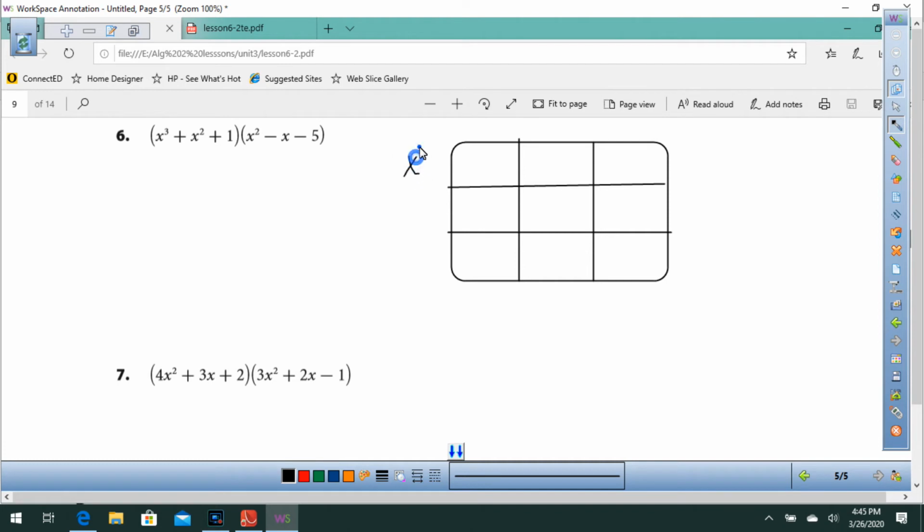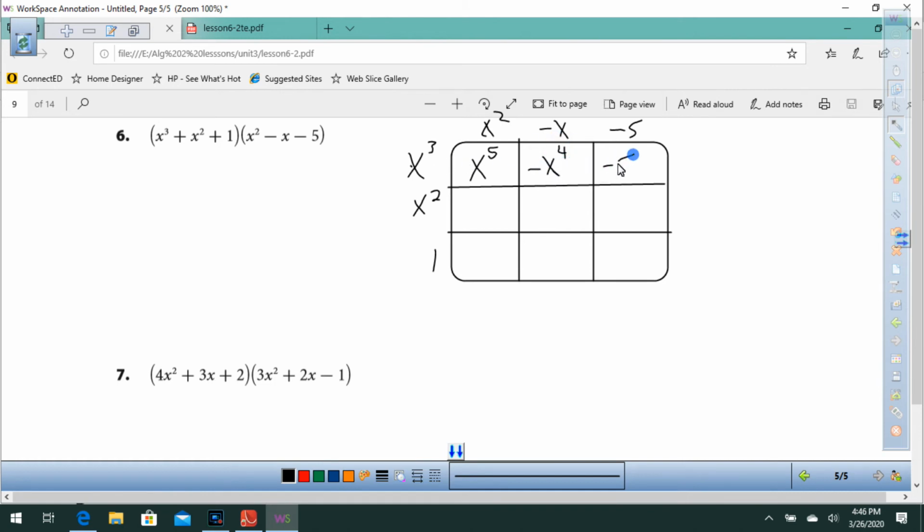We got x cubed, x squared, and 1, x squared, negative x, negative 5. X cubed times x squared is x to the 5th, because 3 plus 2 is 5. X cubed times negative x is negative x to the 4th, and 3 plus 1 is 4.